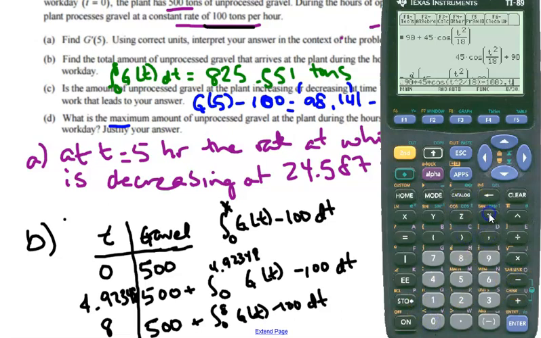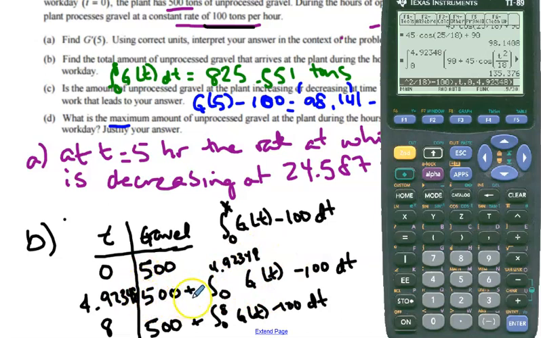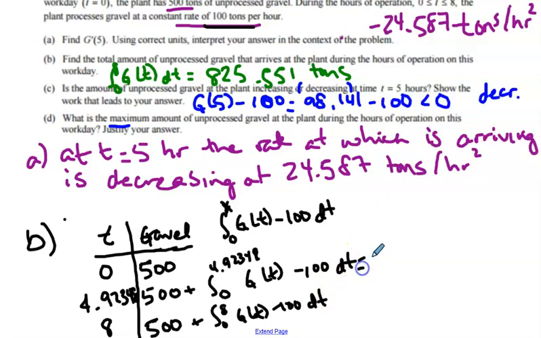And then comma, t, comma, 0, comma, and then the first one is 4.92348, close parentheses. Whatever I get here is the net change from today, and I need to add that to the initial value of 500. So I'm going to have 500 plus 135.376, which is 635.376, and of course that's in tons, but we'll deal with the units in a minute.